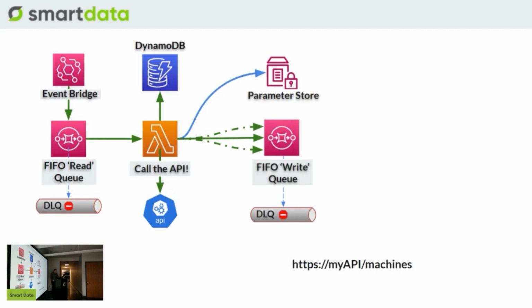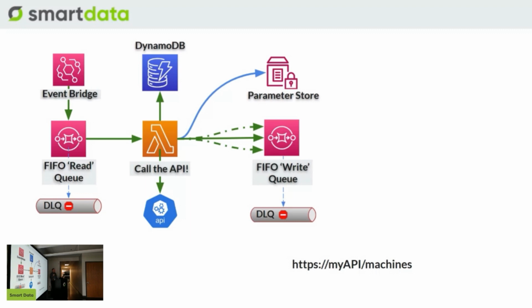Now, as opposed to taking that big chunk of JSON data and writing it to a file or some kind of blob store, we decided that we would push all the response data into the body of the SQS messages that will then go into this write queue. The problem is that SQS limits message size to 256K.